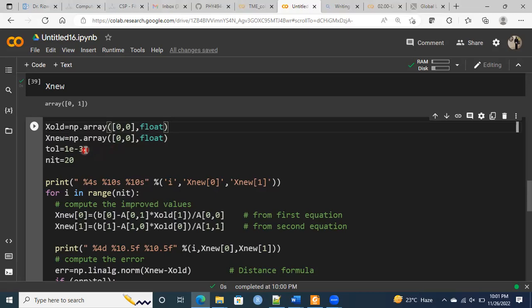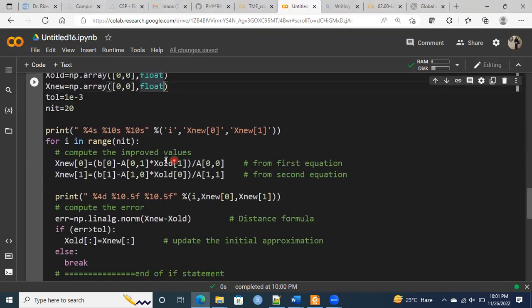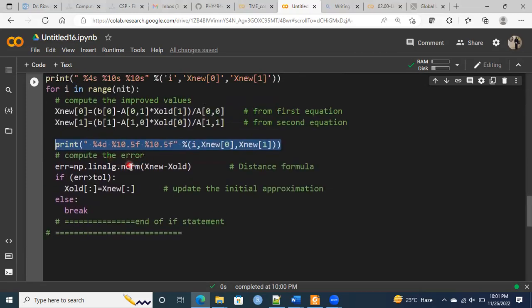So with this one, we have the tolerance level 10 to the power minus 3. During the diagnosis, I checked the values of x new and printed them with the number of iterations, and the rest is the same.